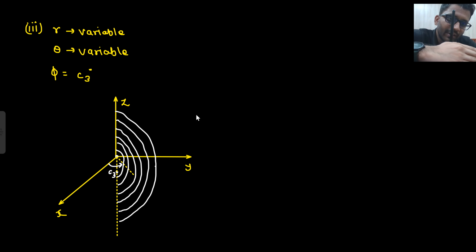R is increasing, and each time theta goes from 0 to 180 degree. So this disc I am going to get. This C3 angle is fixed, right? So am I making it correctly?